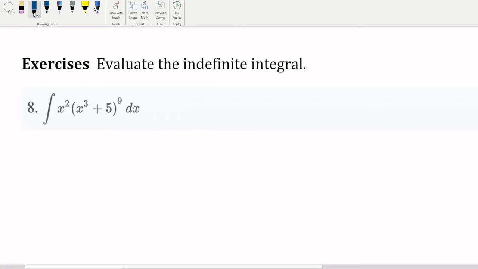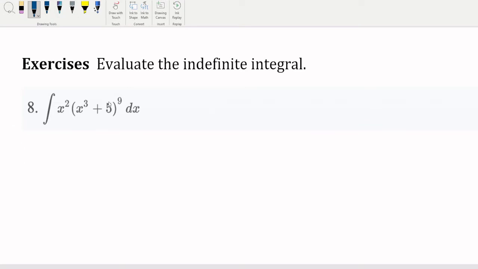That's the integral. I'm trying to find the antiderivative of this. Now, I don't have anything this complicated in my toolbox. But if I can think of this as a composition of functions, an inside and an outside function, then I can simplify this using the substitution rule.